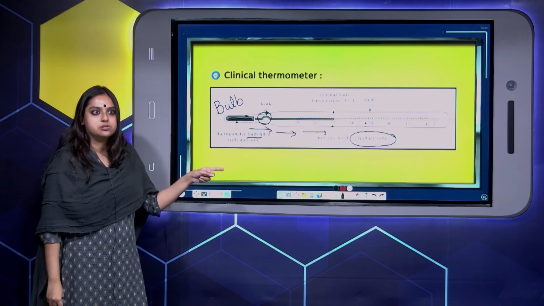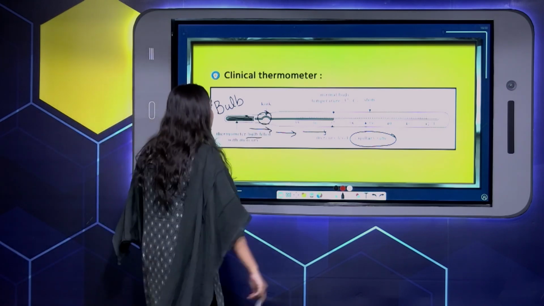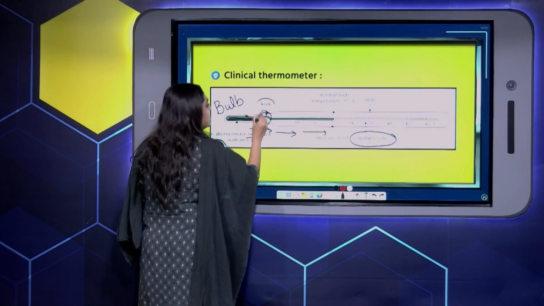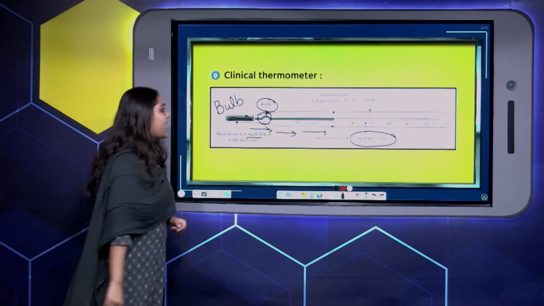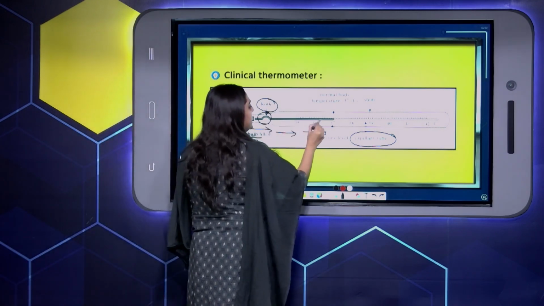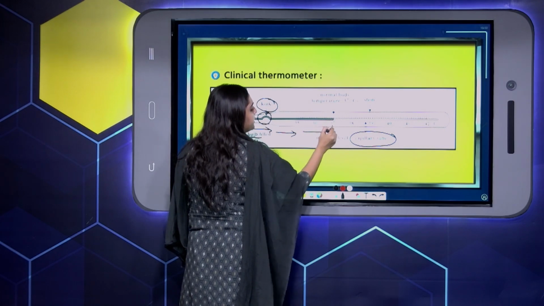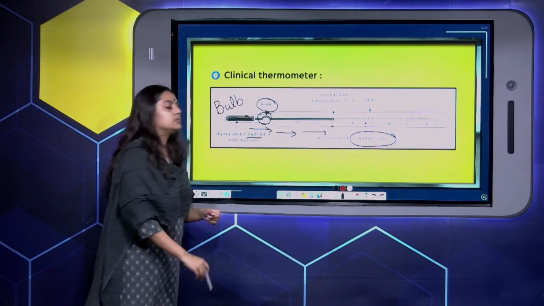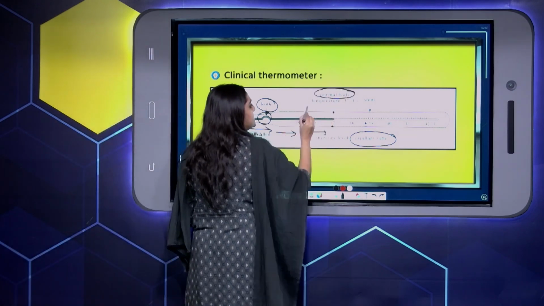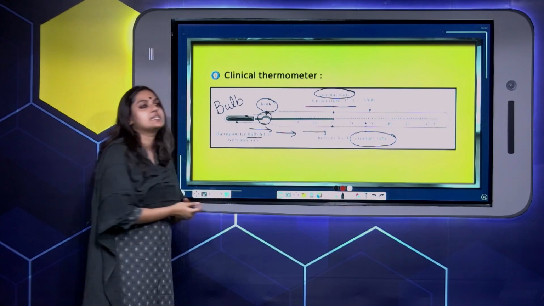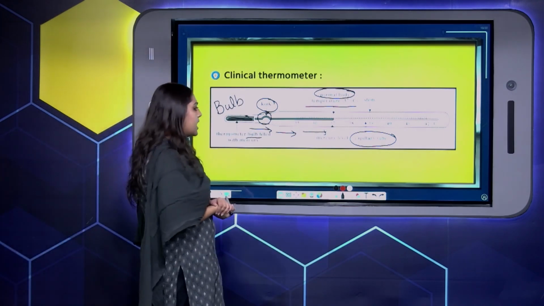Why is this curvature used? I'll discuss this later. But remember this question. So there's a kink or curvature here, okay? And this is the mercury level. It is coming to a number called 37. The normal body temperature is 37 degrees Celsius. Okay.